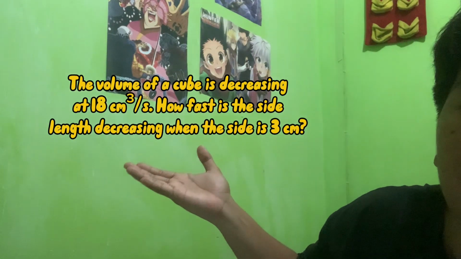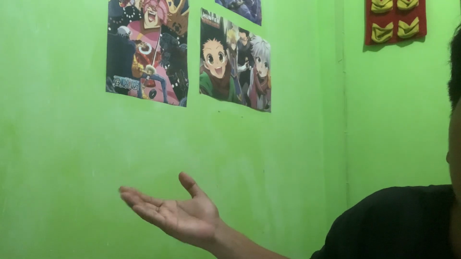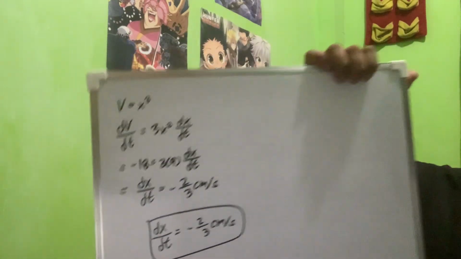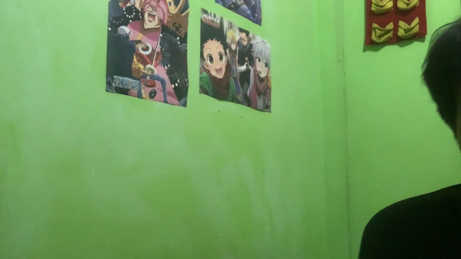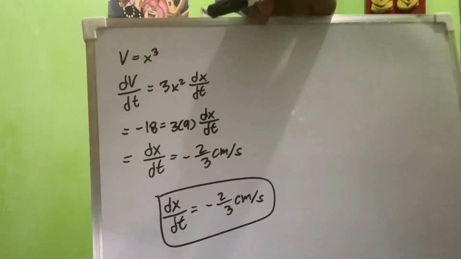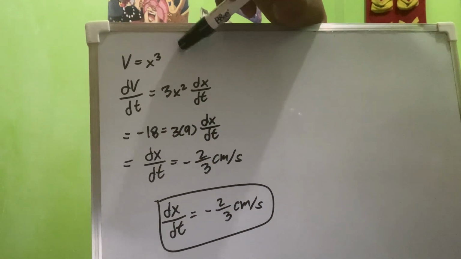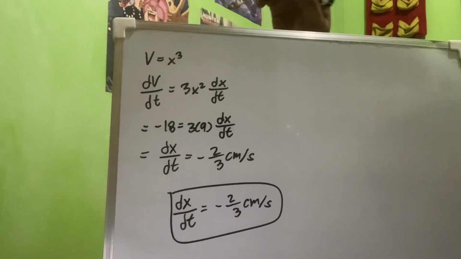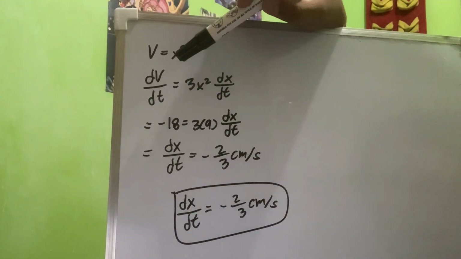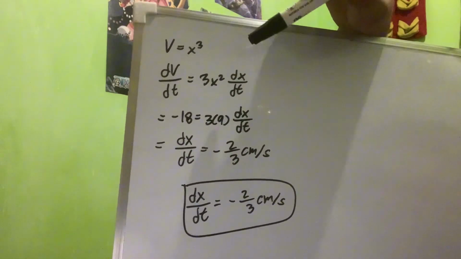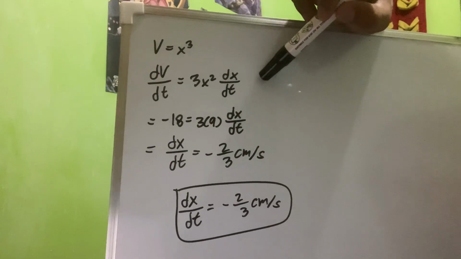Cube volume decreasing: volume V equals x cubed. So we differentiate it: dV over dt equals 3x squared times dx over dt.